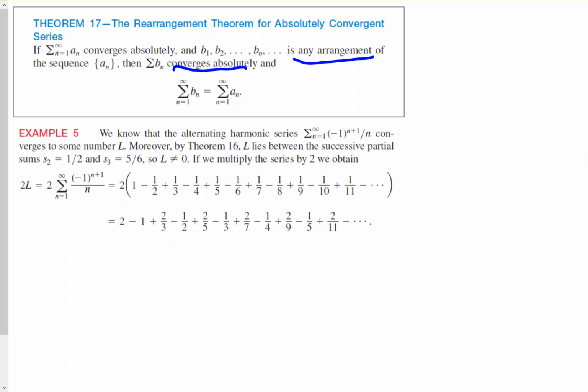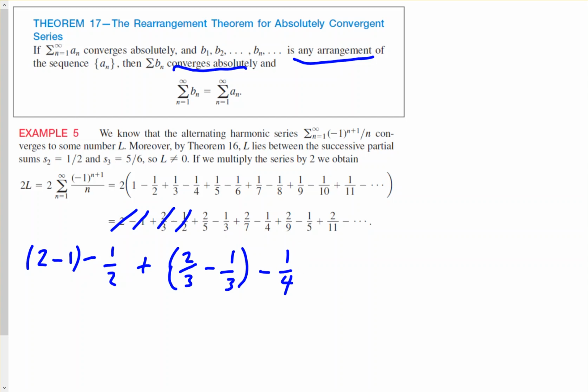And so now if we were to rearrange in a way, right? Let's see, if we were to take 2 minus 1 minus 1/2, so I'm just rearranging them. So I used this one, and this one, plus 2/3 minus 1/3 minus 1/4.